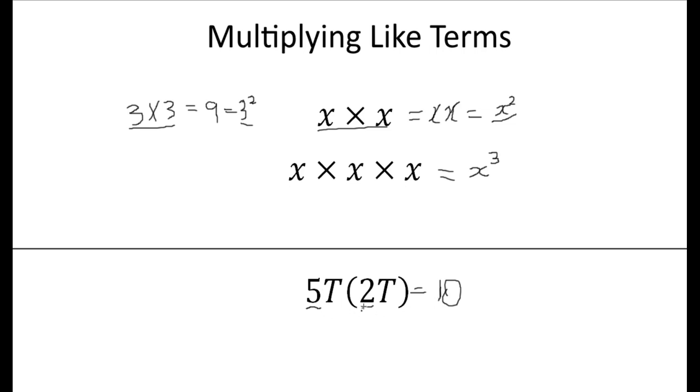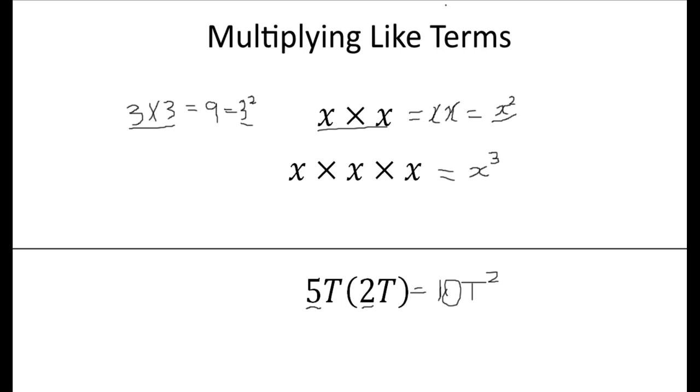And then t times t is t squared. So we just do them separately here. We multiply the numbers first, and then we multiply the t's after, so we get 10t squared. And that's quite simply the method of doing this. This is pretty much a standard procedure, and there's nothing really different here.